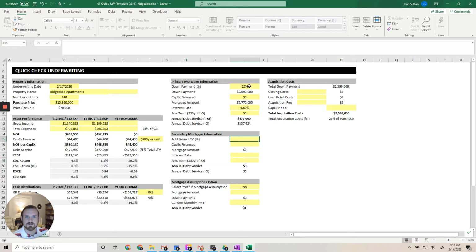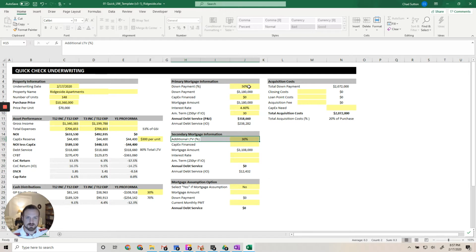So let's just say that my down payment was going to have to be like 50% here. Well, that's ridiculous. I mean, my cash on cash is so tiny at that point. I could say, well, okay, Hunt will give me an additional, let's say 30% here, additional loan to value percentage.